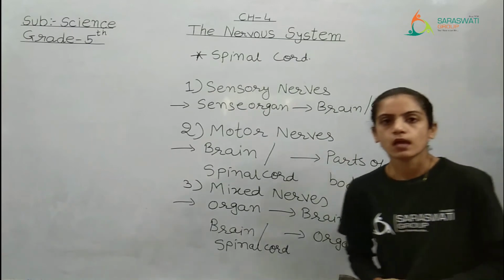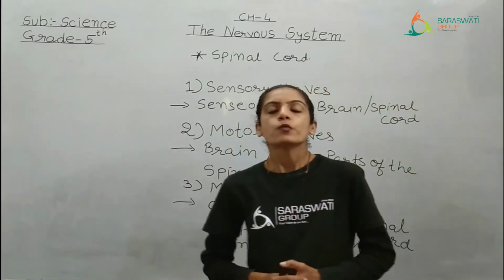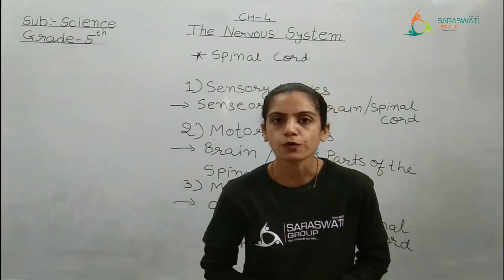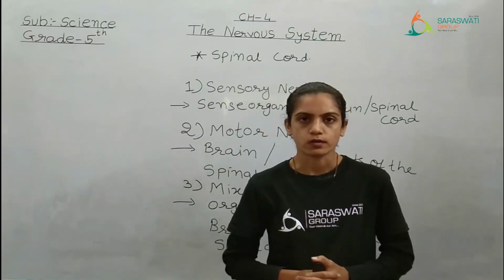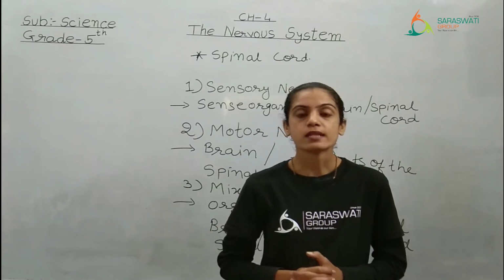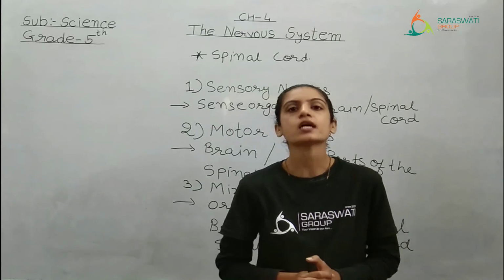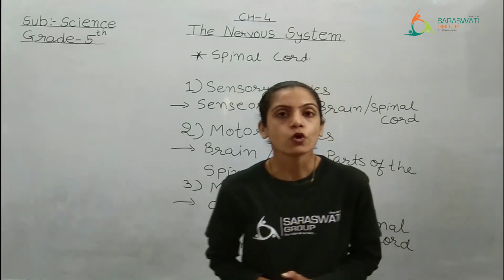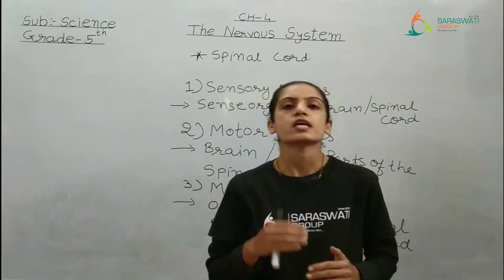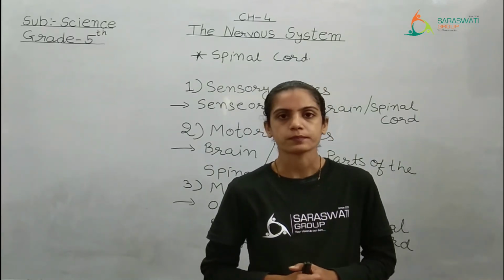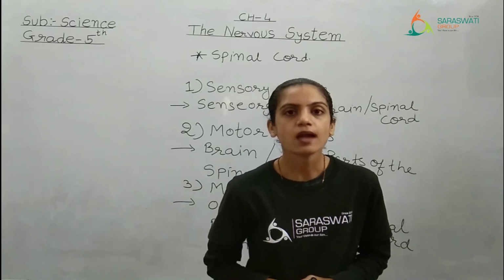Okay, so now we are going to see one small short video related to the neuron. Neuron, where the nerves are collected, where the messages are taken from the nerves. And I told you also that the neuron is one of the longest cells of the body. Right? So let's start that video.